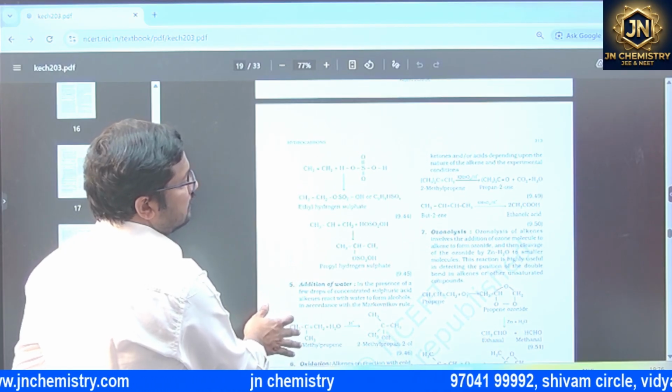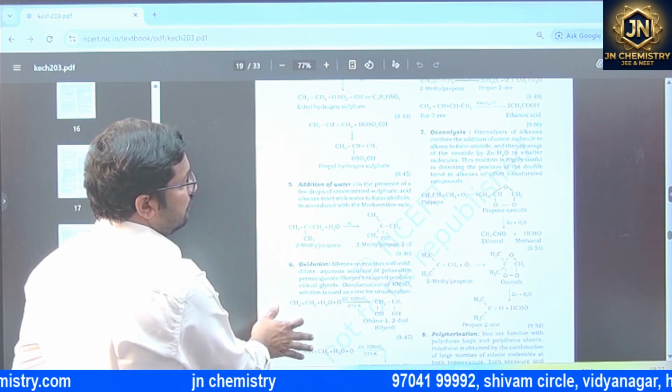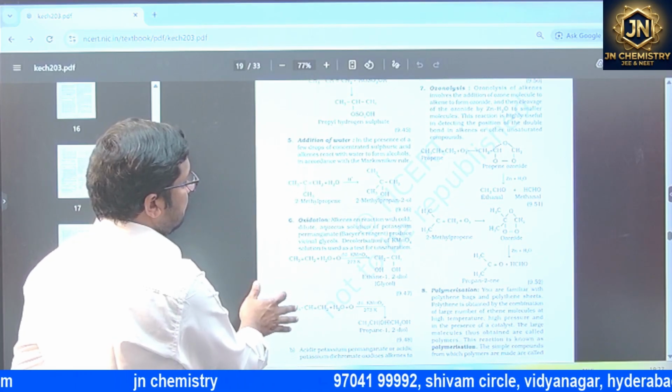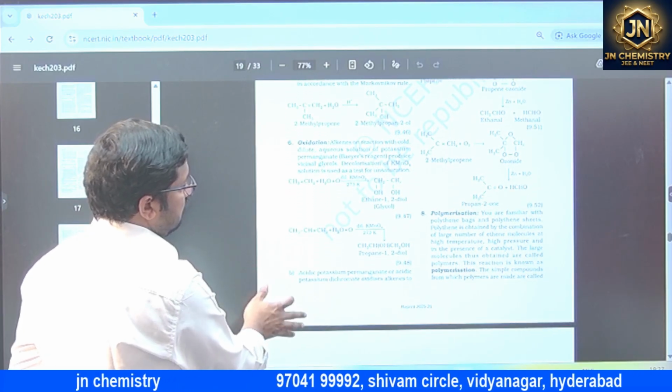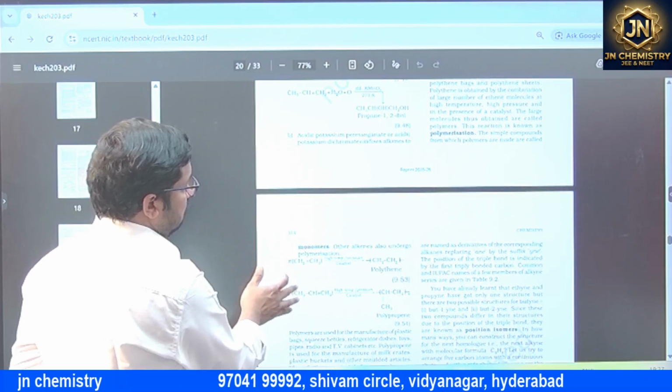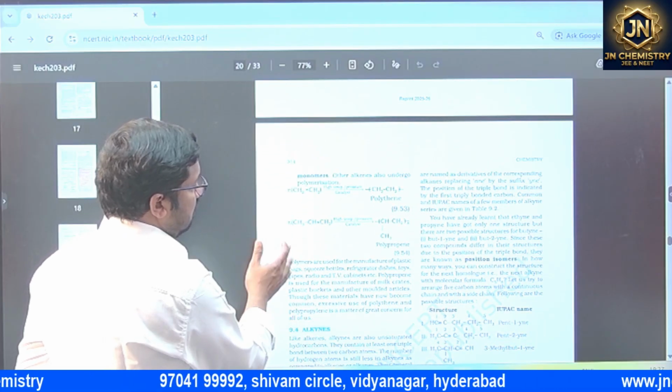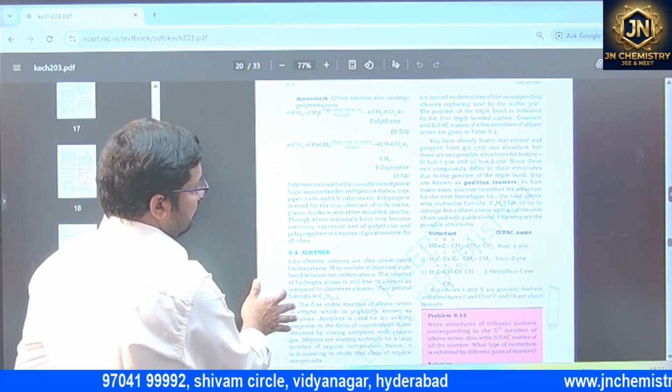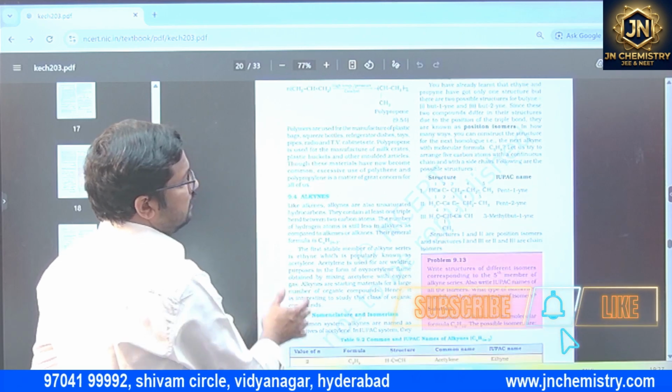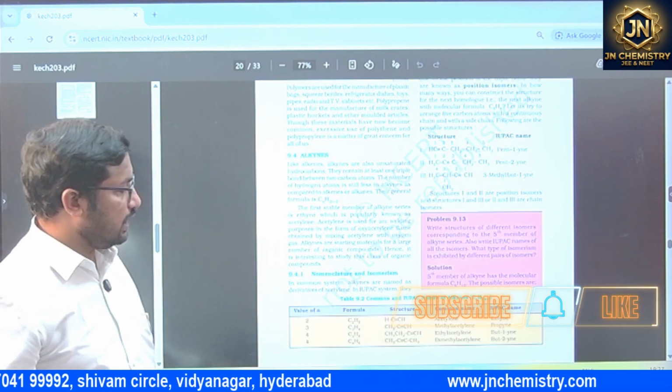Addition of sulfuric acid, same as KMnO4, ozonolysis, addition of water, and directly polymerization. Okay, so these are enough for the first level.